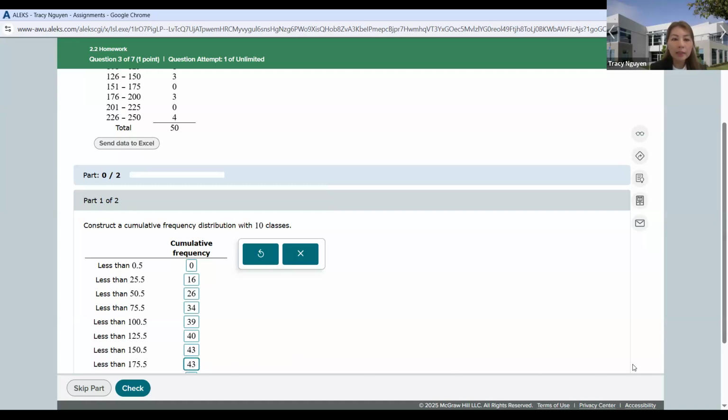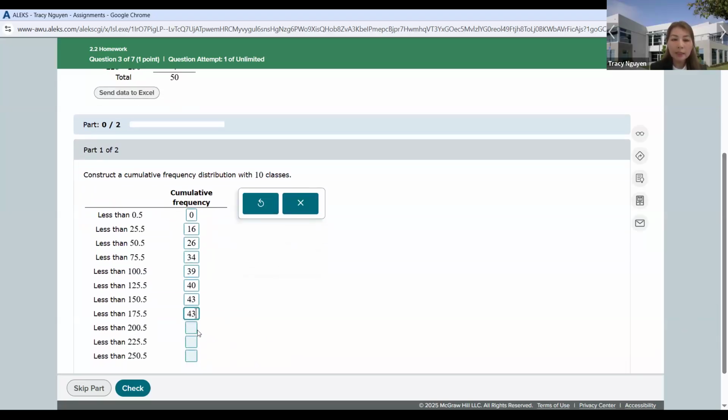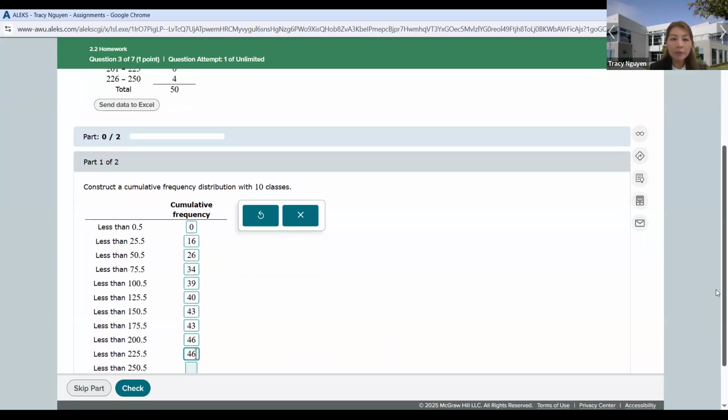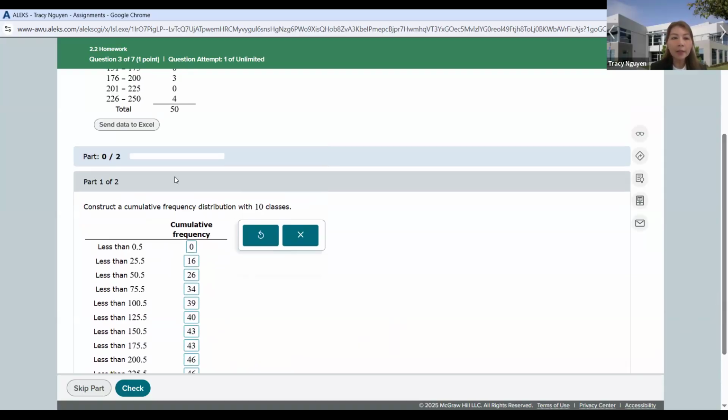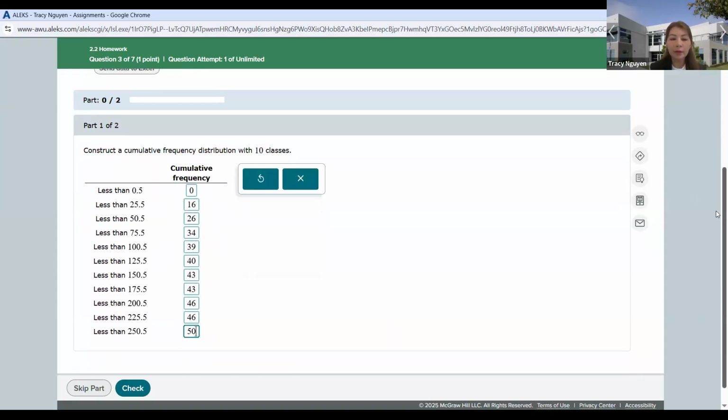We add 3, we get 46. Add 0 again, we get 46. And the last one we have is 4, which we get 50. And you notice that we have this number here on the last one, 50. It does tie to what we have for the total. So that's how you know you're doing it correctly.